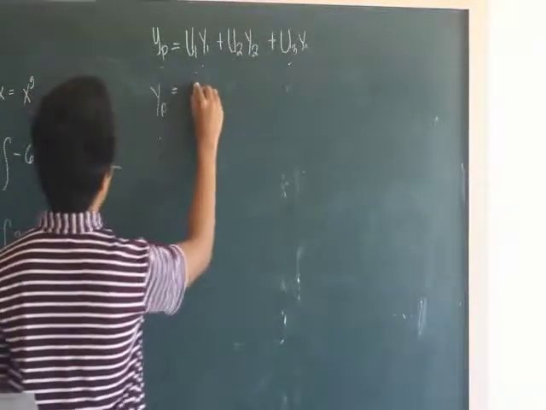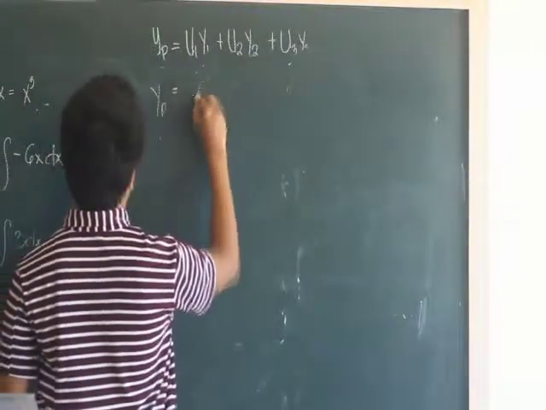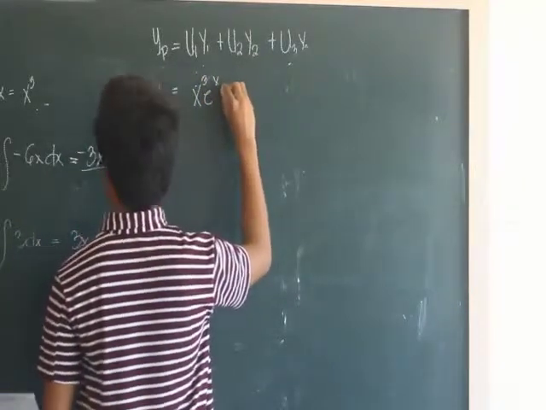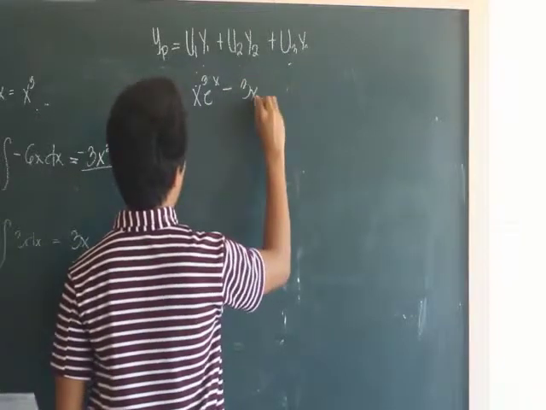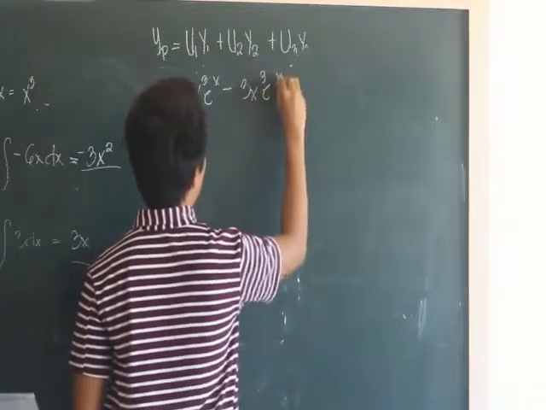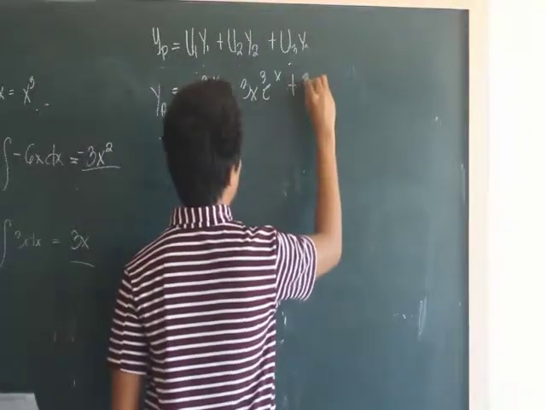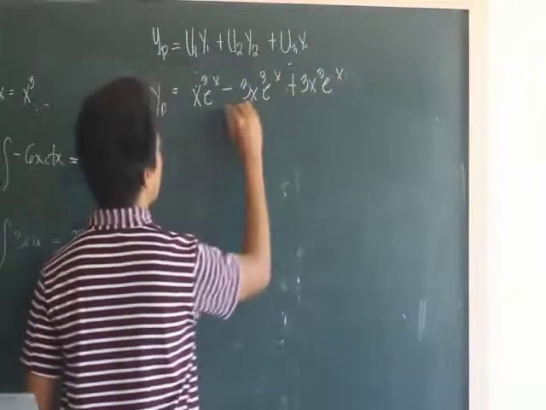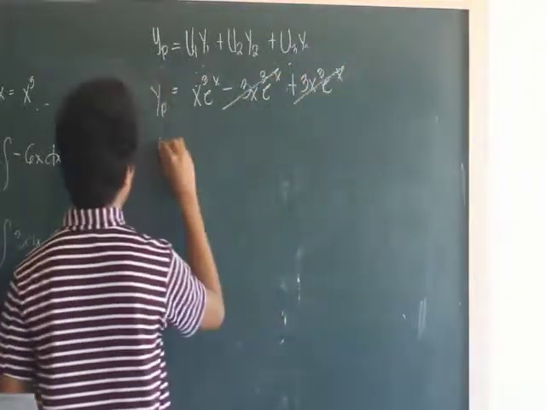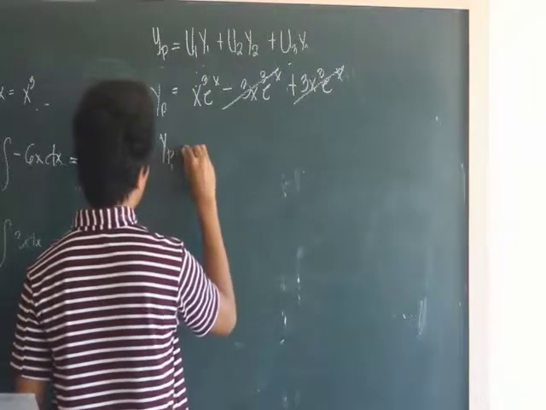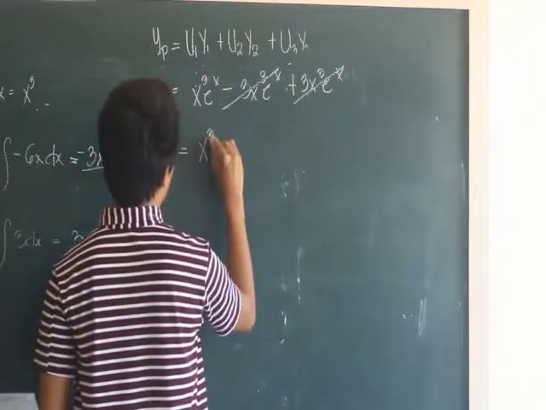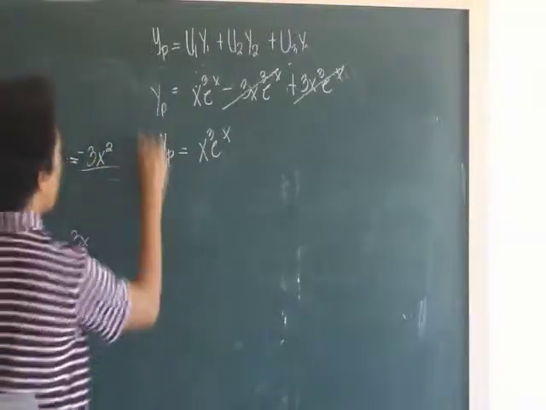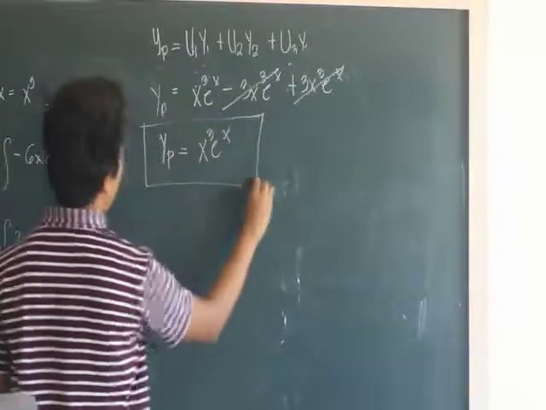So we have x cubed times e to the x minus 3x squared times x e to the x, and so on. So now, our particular solution is equal to x cubed e to the x.